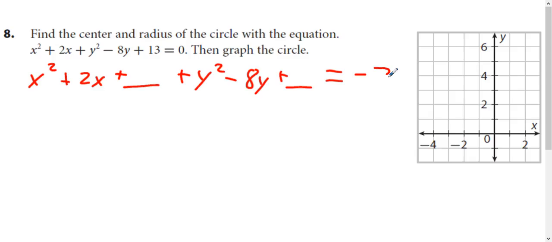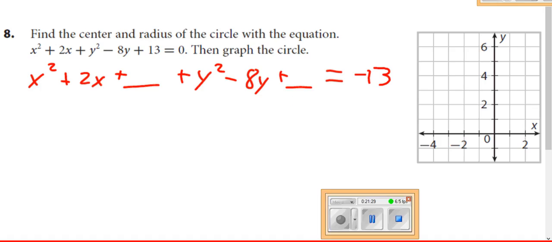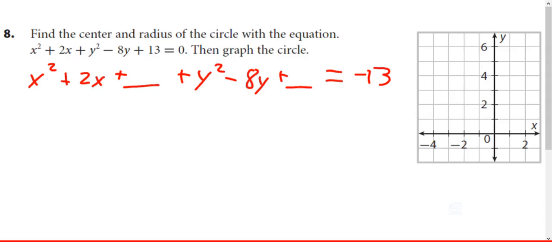Move it over to make it be -13. So then we fill in those blanks. 1 squared is 1. We add 1. This becomes x plus 1 squared.